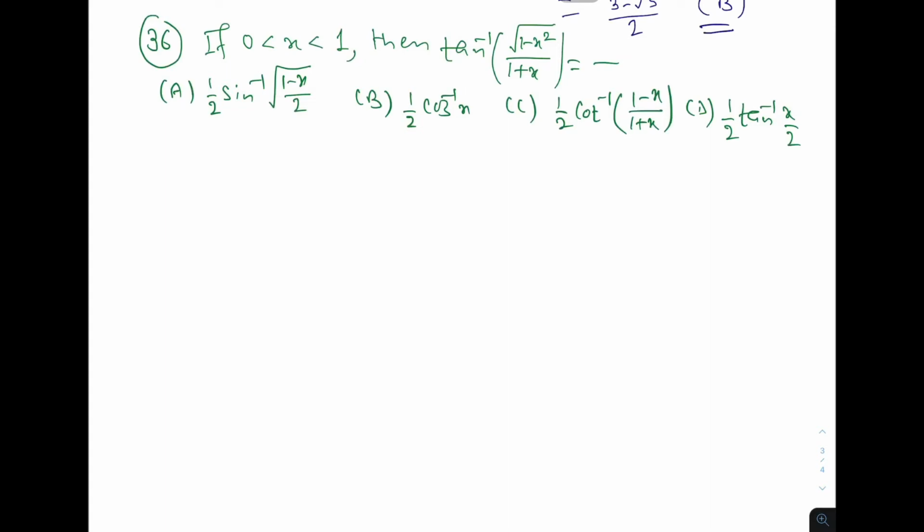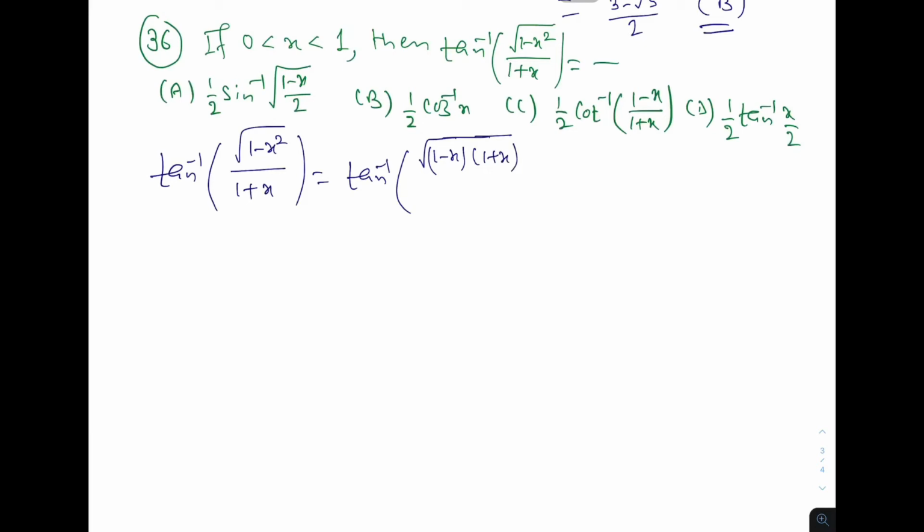Now tan inverse root 1 minus x square over 1 plus x equal to tan inverse, this is nothing but root 1 minus x 1 plus x over 1 plus x.